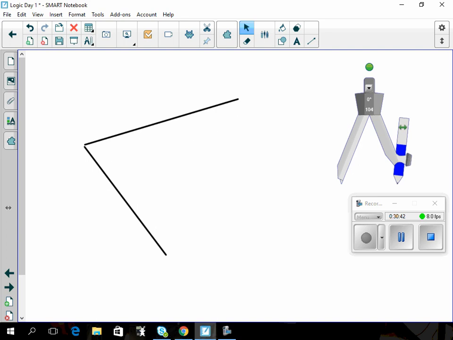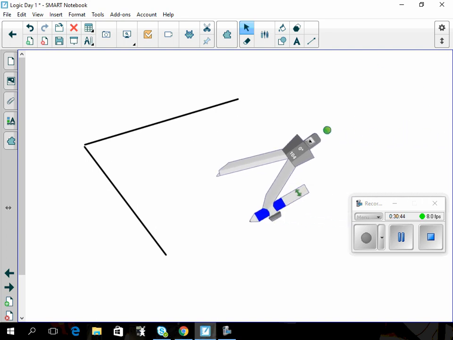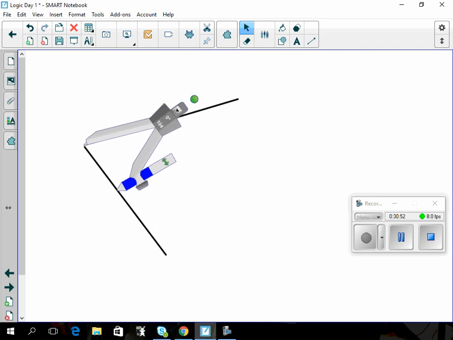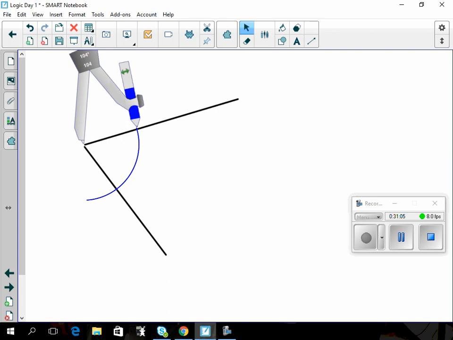Who remembers the first step when we're trying to bisect an angle? So I'm going to put the point on mine. You're going to put the clear plastic circle with the round dot on yours. Then you're going to make an arc that crosses the angle.